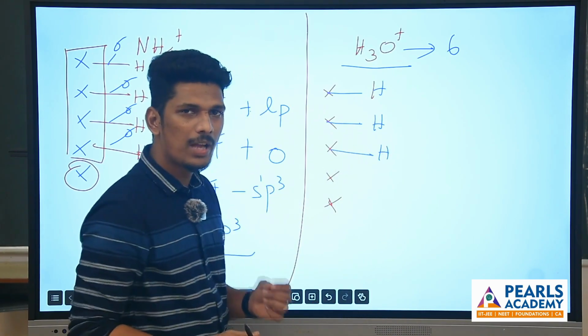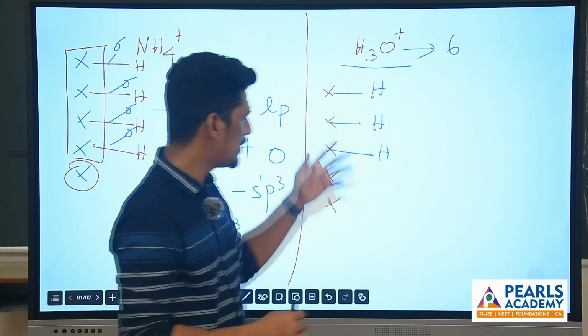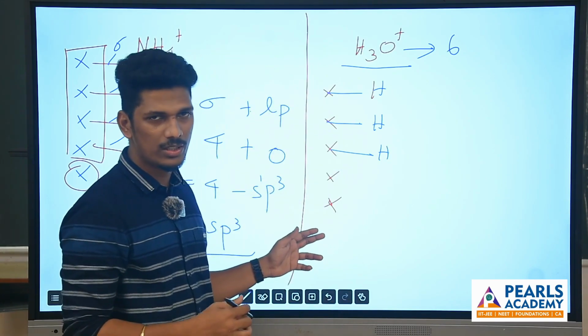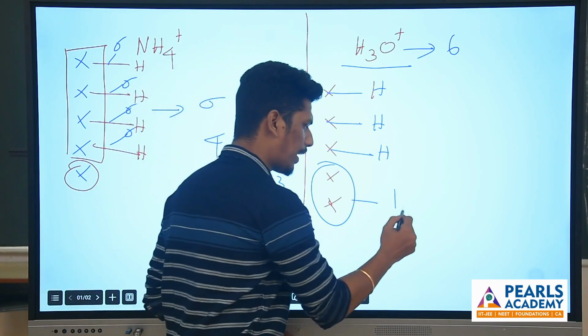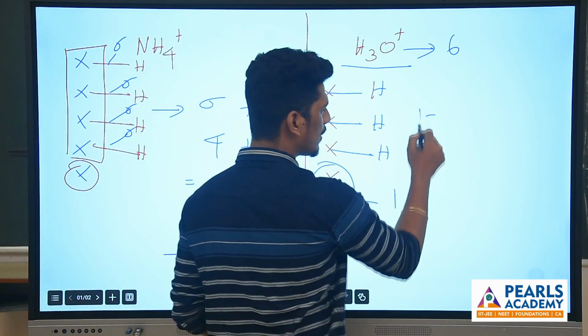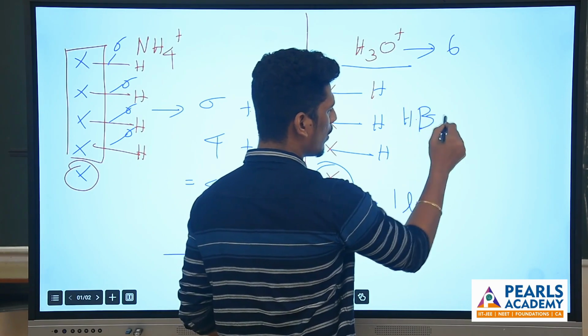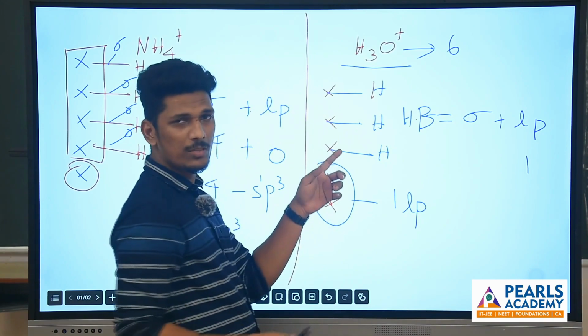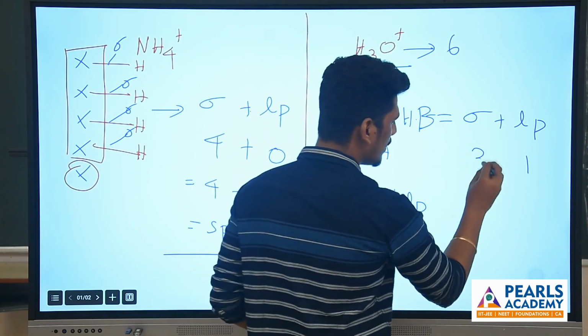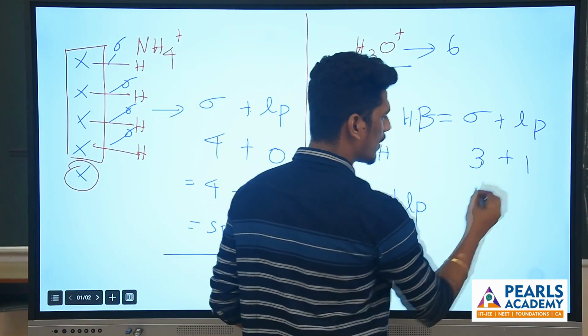Now I am checking whether I have a lone pair or not. You can see from the picture itself that one pair of electrons is left behind, so it has one lone pair. So what is the formula for hybridization? Hybridization is nothing but sigma bonds plus lone pairs. I have one lone pair, and there are 3 sigma bonds in total.